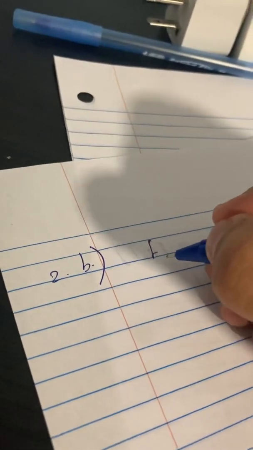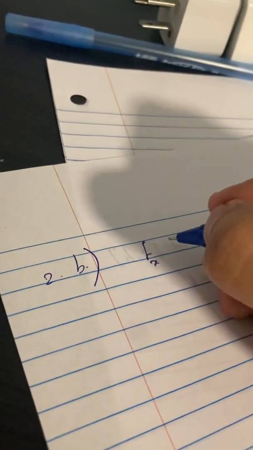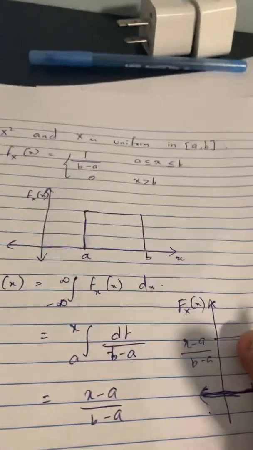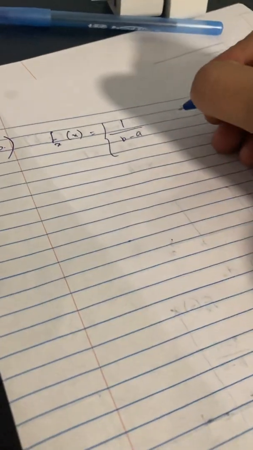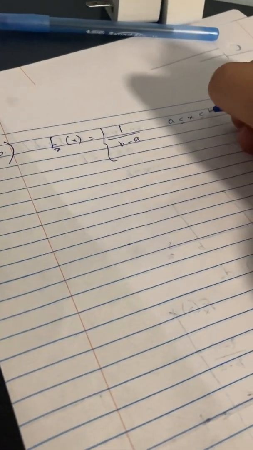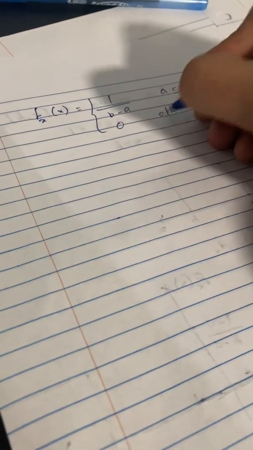We know that the density function of x is how much? 1 by b minus a when a is less than or equal to x is less than or equal to b, and 0 otherwise.